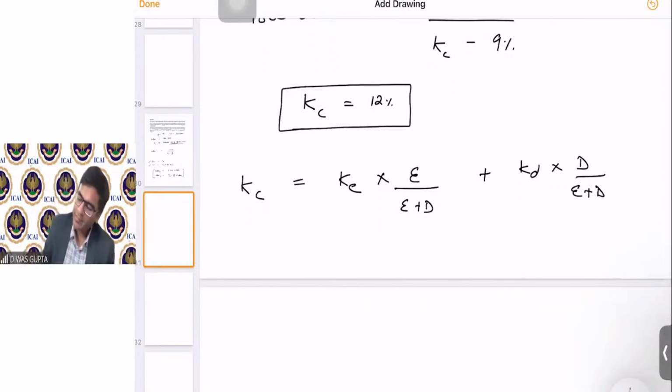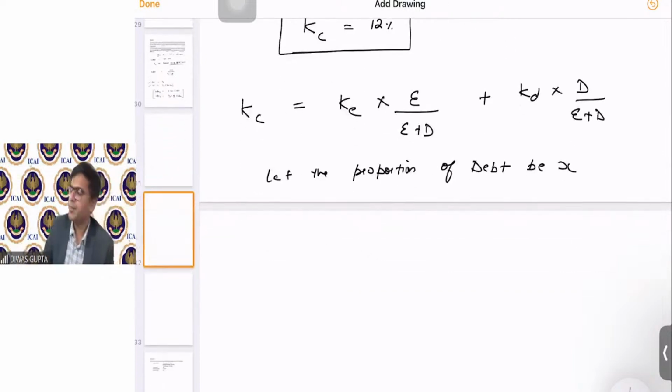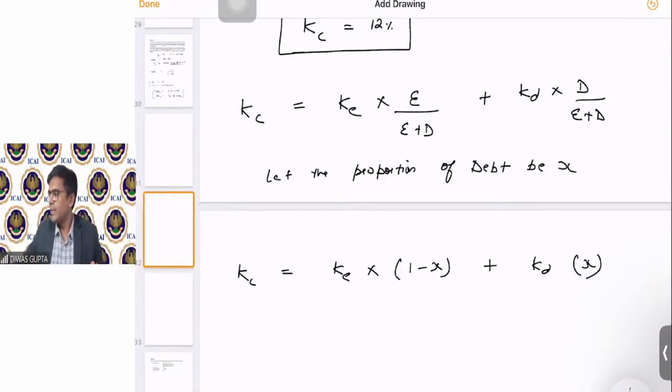And can we simplify this? Let the proportion of debt be X. So this will get revised to KE into 1 minus X plus KD into X. Correct? Because debt plus equity will always be equal to 1, students.